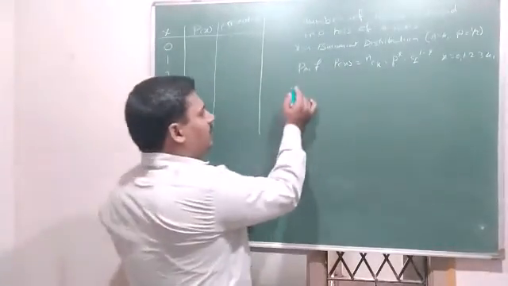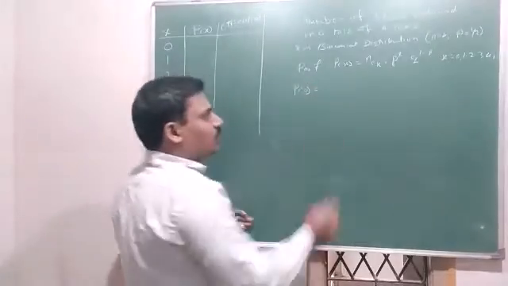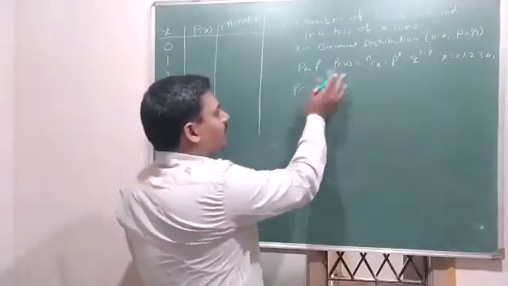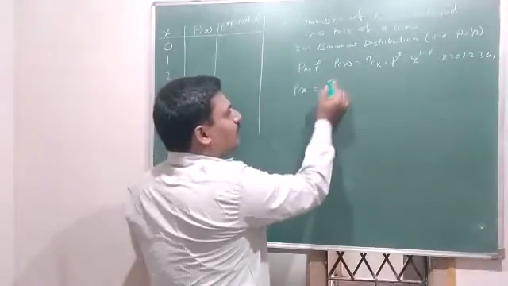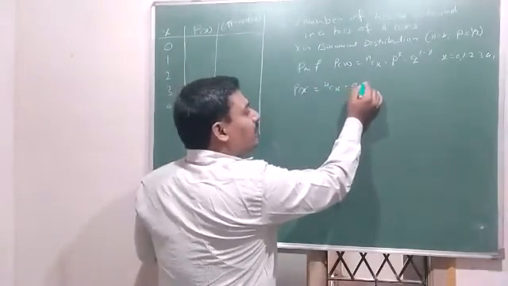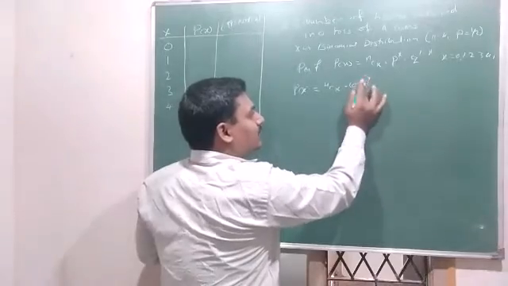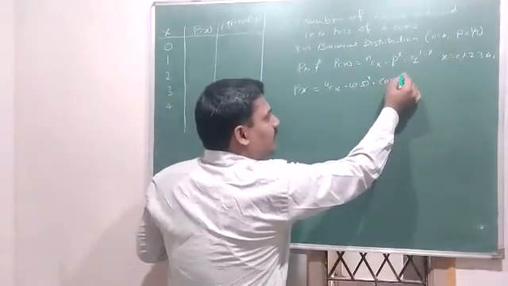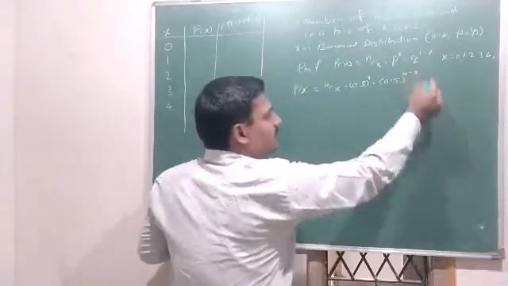I will fill the values here. P of x is equal to 4Cx into 0.5 raised to x into 0.5 raised to 4 minus x.